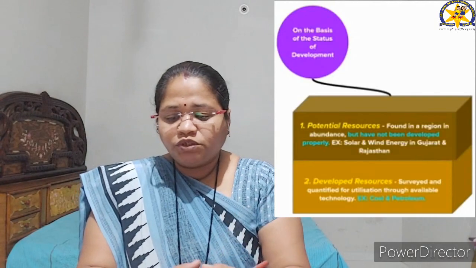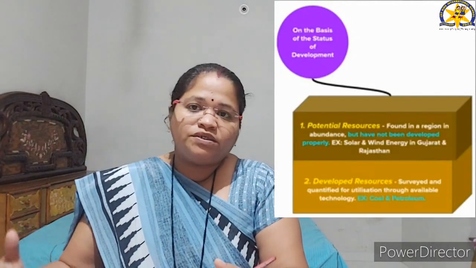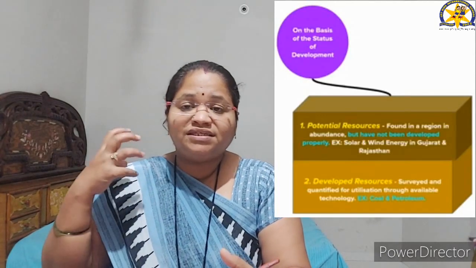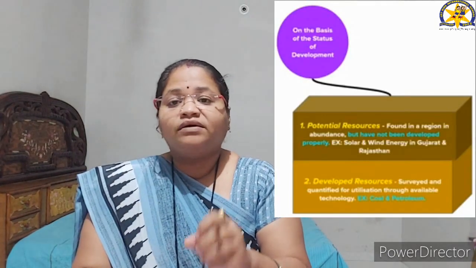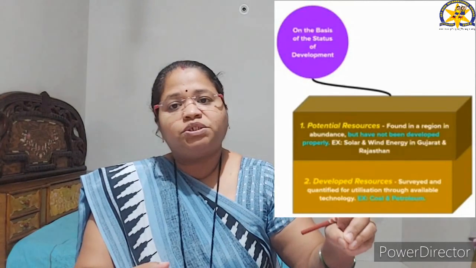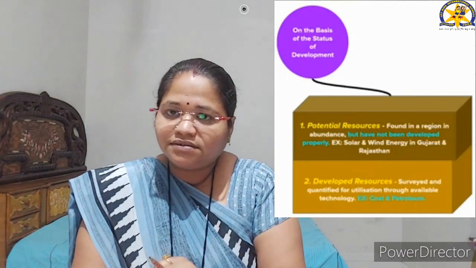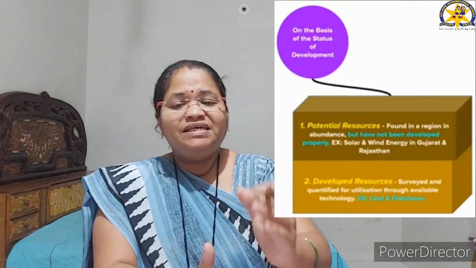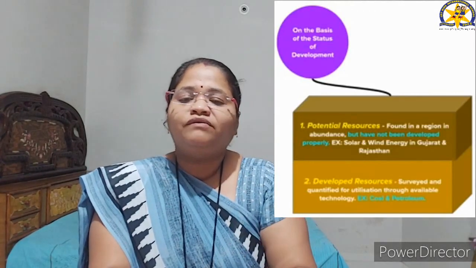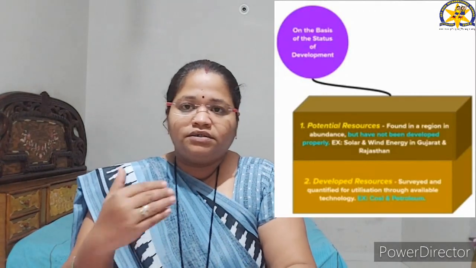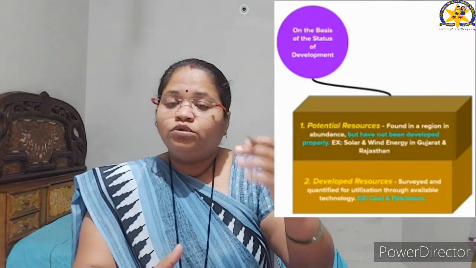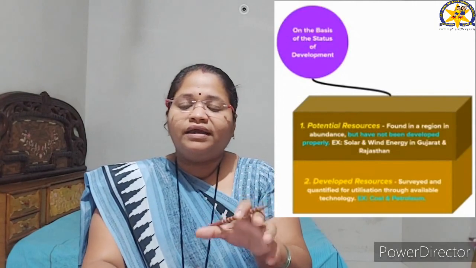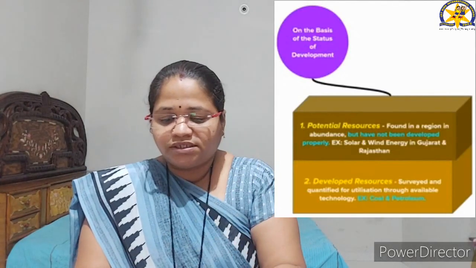Like resources which are found in the region of Rajasthan and Gujarat, where we are able to see solar and wind energy in abundance, but somewhere we have failed technologically to extract it. So these type of resources are what? Potential. It means that in future we'll do some technological, accessible workout, through that we will extract. So these type of resources we are calling potential resources.